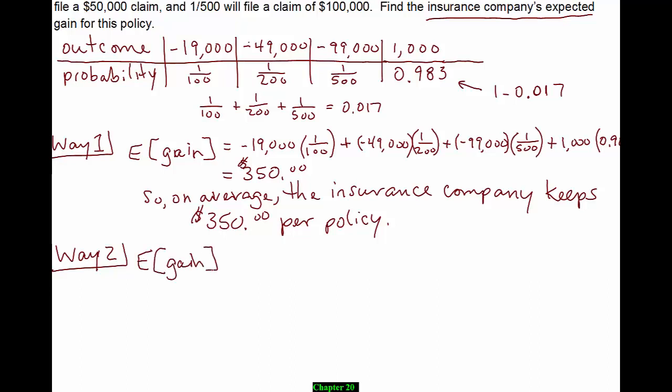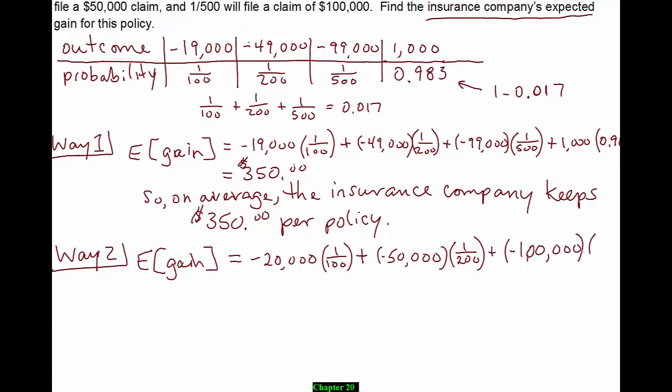Expected gain is the first loss they could pay, which is minus 20,000 with its probability times 1 over 100, plus losing 50,000 times its probability, 1 over 200, plus losing the 100,000 with its probability, 1 over 500, and then plus the amount of the purchase of the policy, which is 1,000.